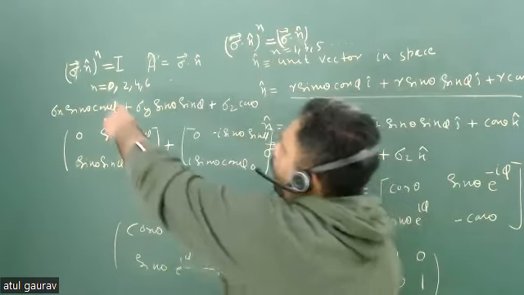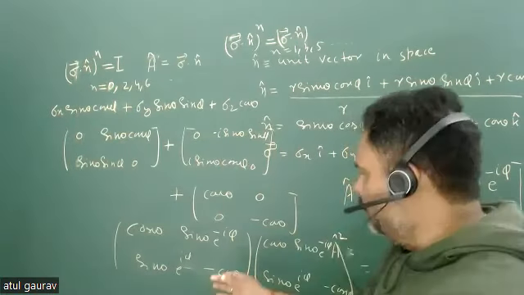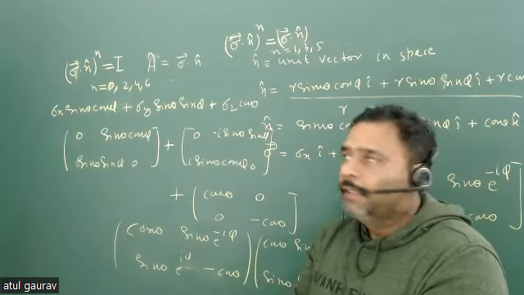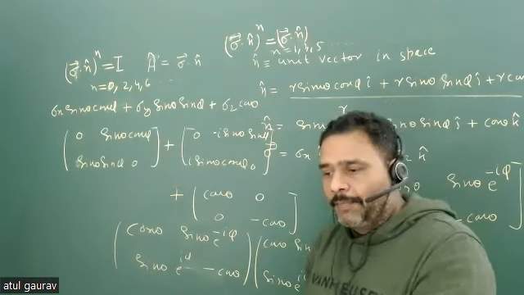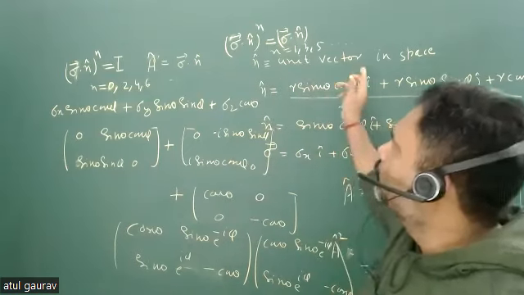So if you have an even power, you will always have identity, because you know that sigma dot n cap square is 1, and then you can easily find what is going to happen.